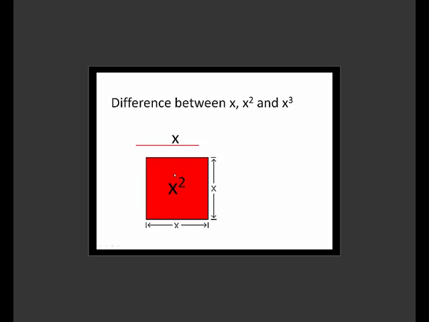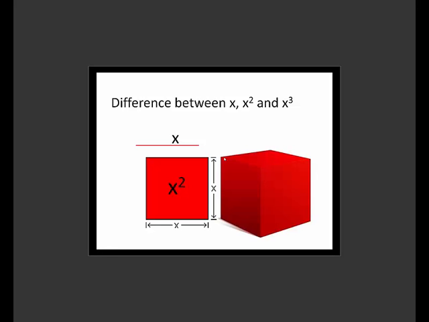And the reason why it has that nickname is because the width and length, which are the same, when multiplied together, will form a square. Simple as that. Now, if I add a third dimension of x, I'm going to get a cube. And you could probably guess what this thing's called, x to the third power, or x cubed.